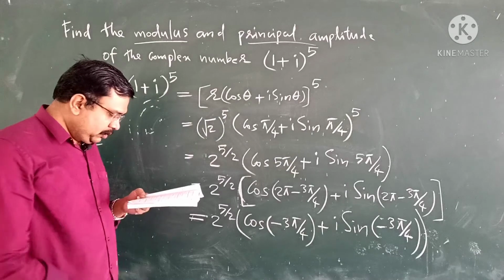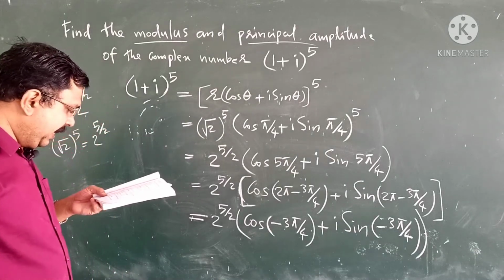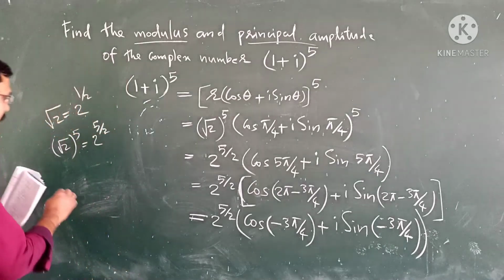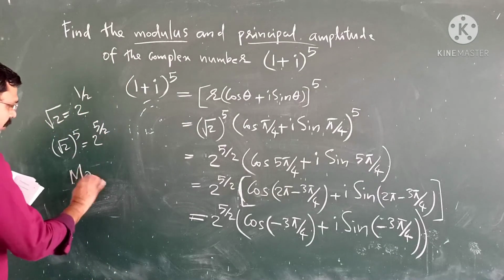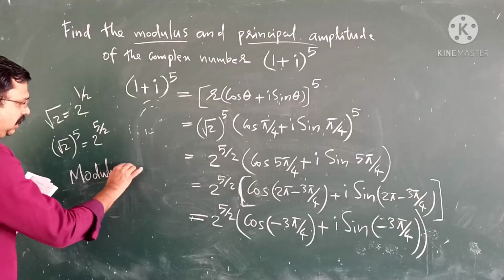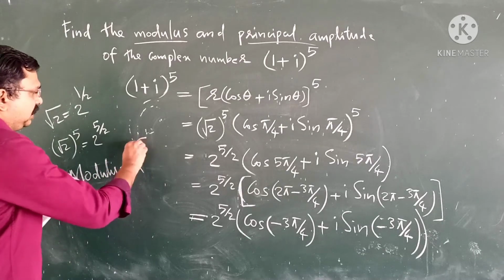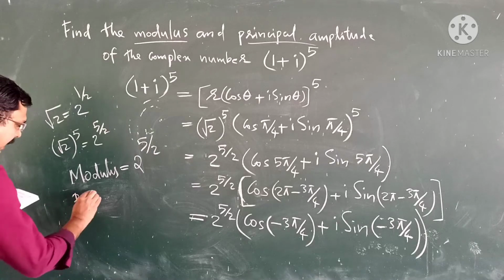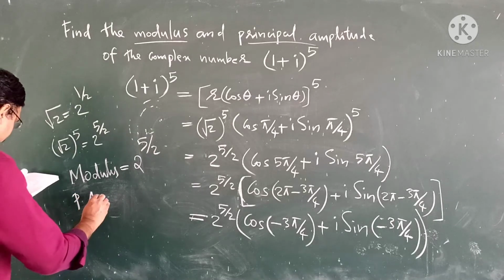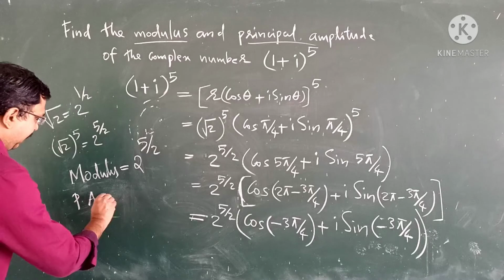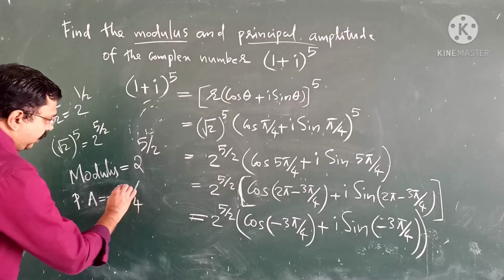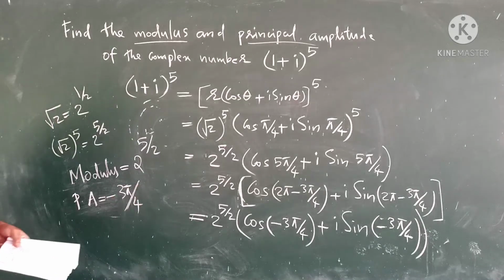Hence, remember that here the modulus is 2 raised to 5 by 2 and the principal amplitude is equal to minus 3 pi by 4.